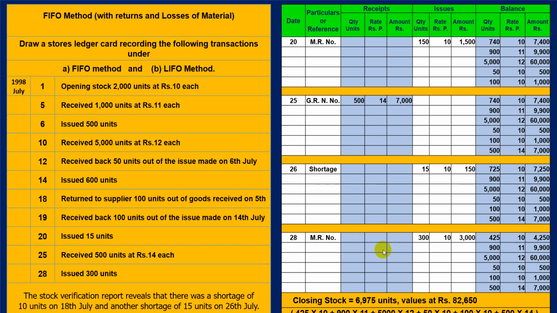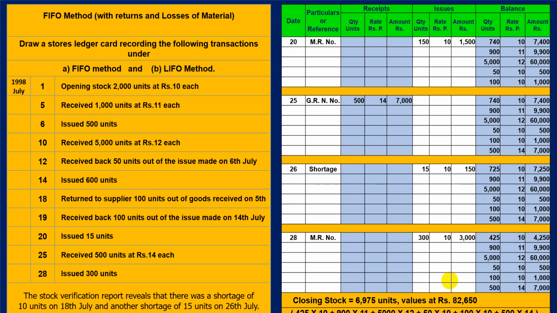So on the last date, the month end 28th, we have these units, the price, and the cost. So the closing stock comes to 6975 units, with value at rupees 8650.